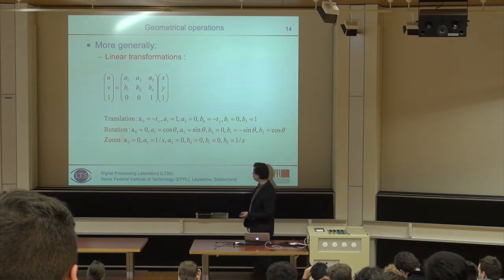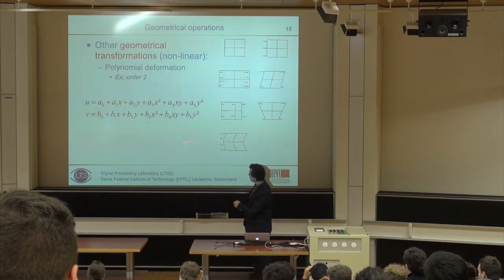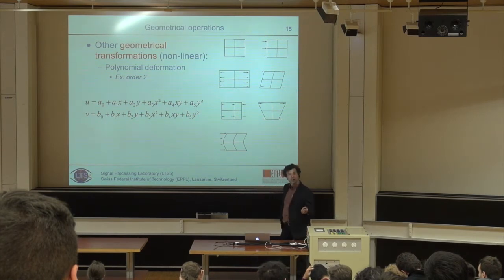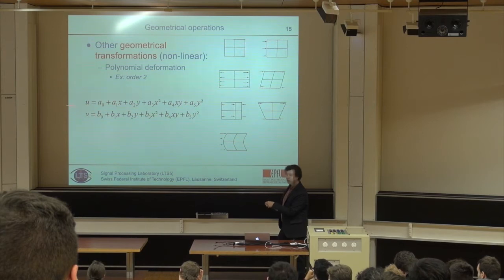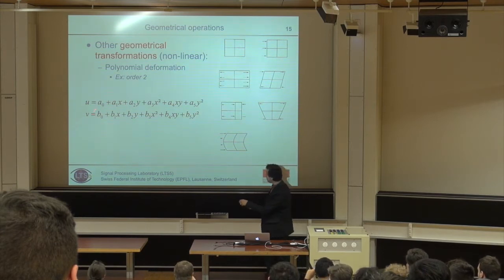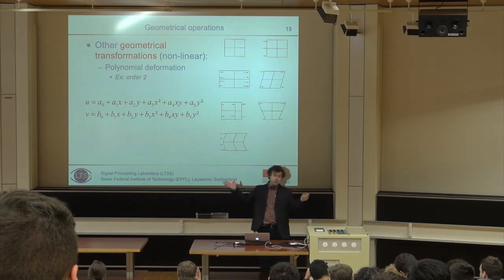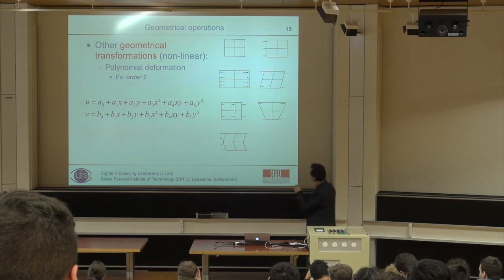But you can even do nonlinear transformations. You can say, okay, I implement a geometrical transformation by calculating the coordinates in my original image, depending on the coordinates xy in my final image, by a complex formula. And this will implement some kind of strange deformation of your image, but that's funny.